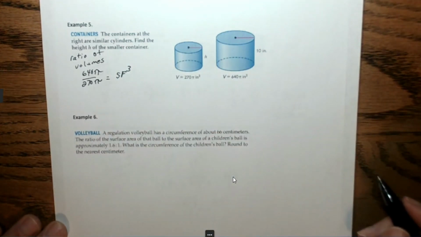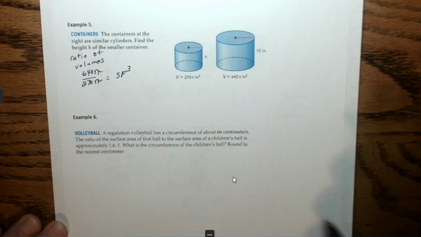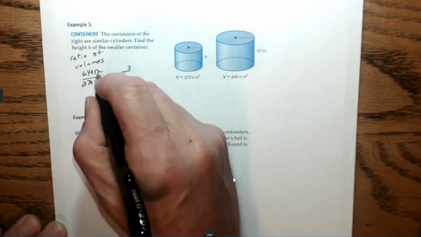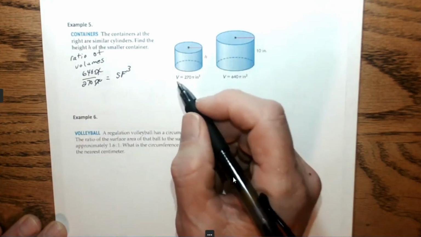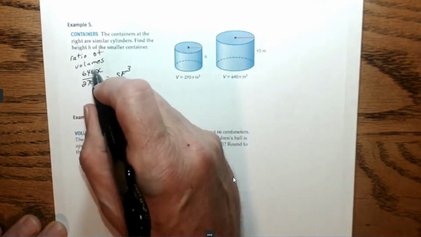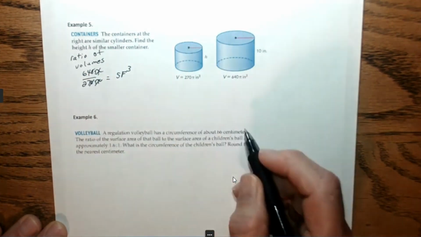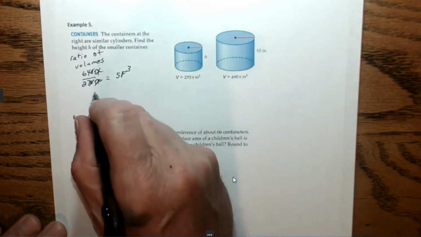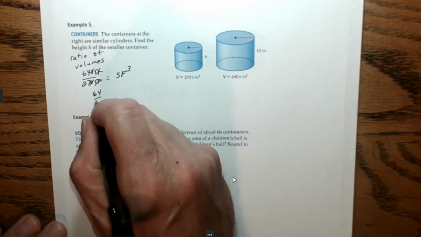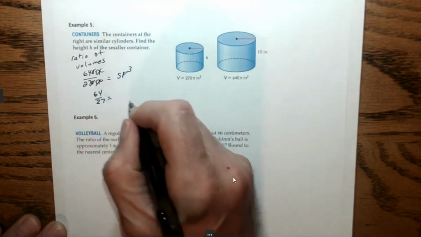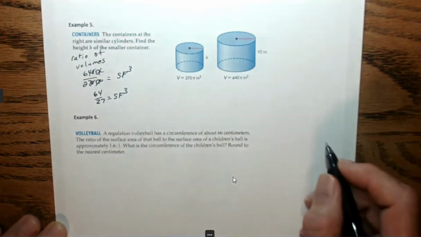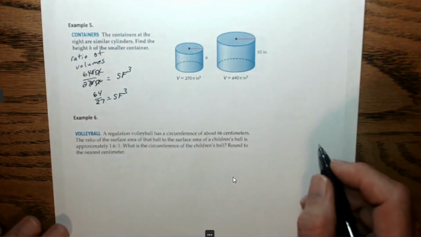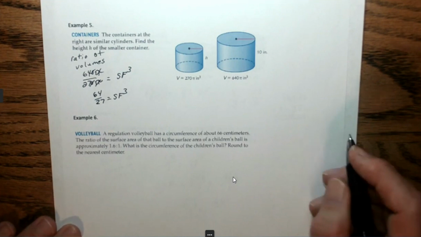Okay, the first thing we want to do is reduce that if we can. So 640 pi, well, we have that in the numerator and the denominator, so we can cross that out, and we can also cross the 0 out. So we reduce that to 64/27. And that's our scale factor cubed. Well, to get our scale factor, we're going to have to take the cube root of that.